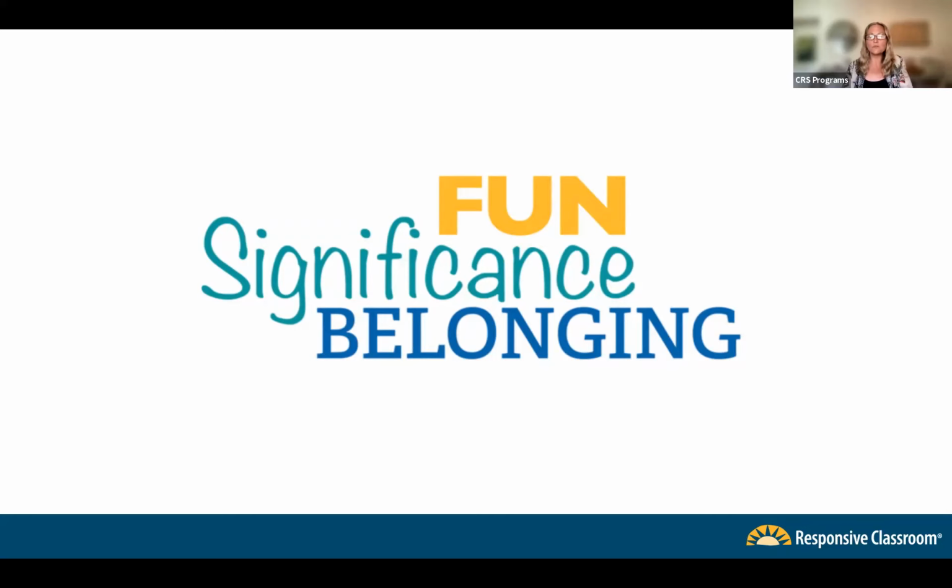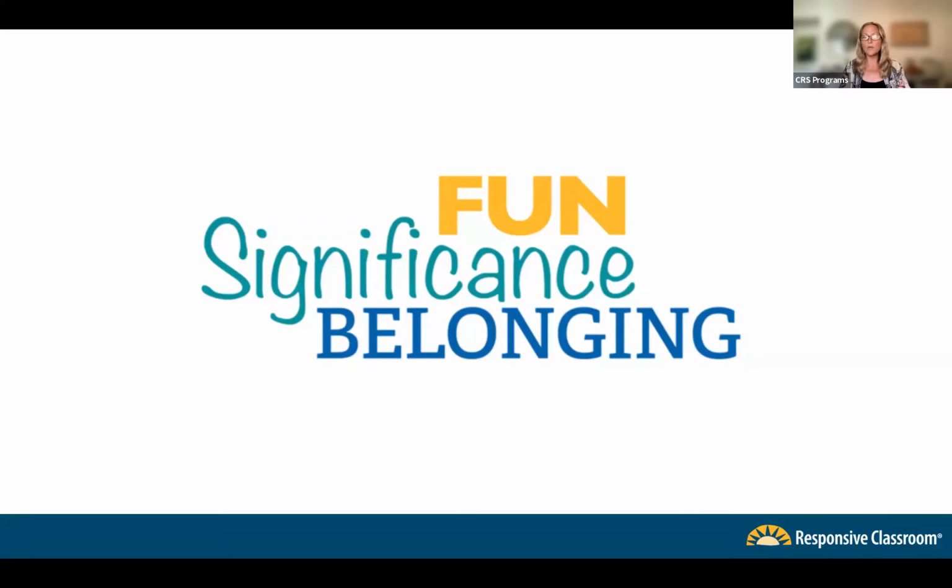So responsive classroom professional development meets learners' needs in these three ways, and does so largely through the idea of embedding characteristics of engaged academics. And those of you who are familiar with responsive classroom know that that is one of the 4 domains of responsive classroom, engaged academics.